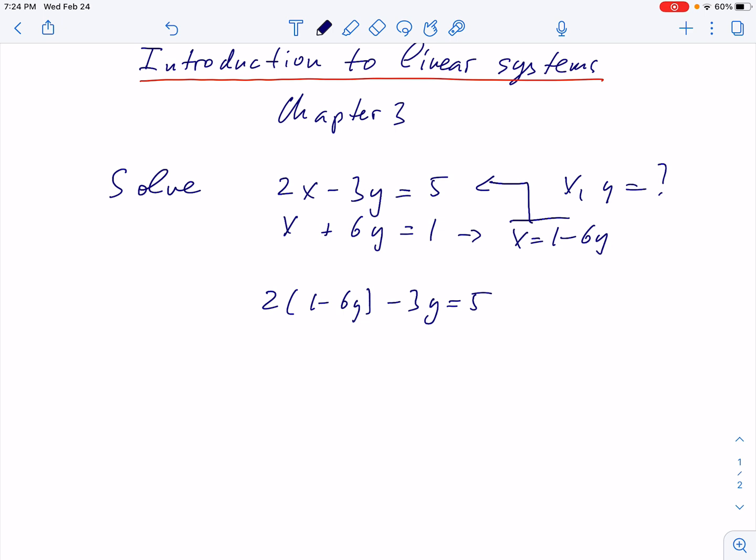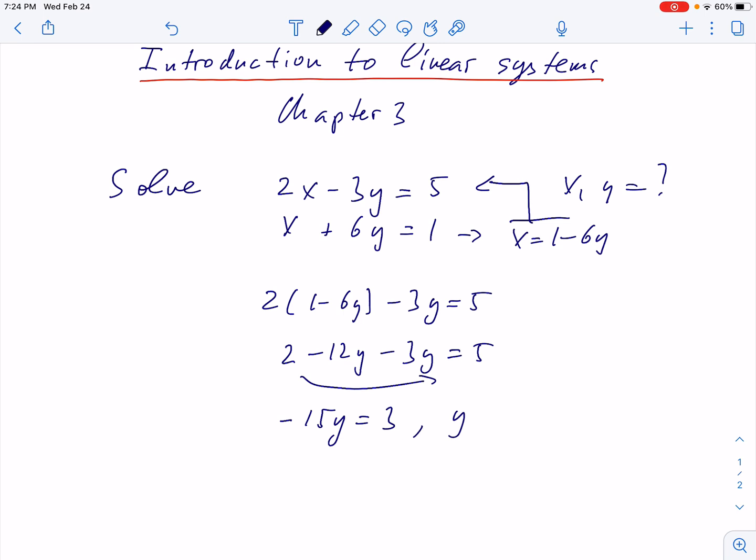And here we have just one variable, y, one unknown. We shall solve it for y. Simplifying here, we have 2 minus 12y minus 3y equals 5. Bring this to the other side: negative 15y equals 3.